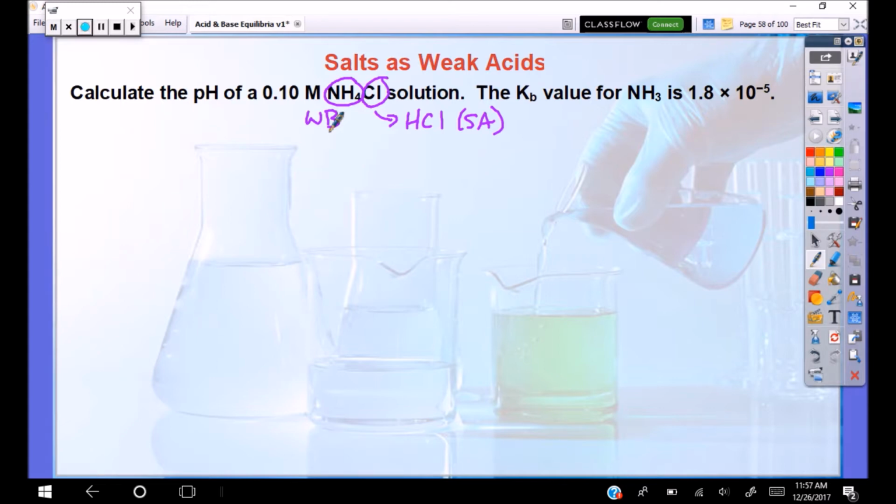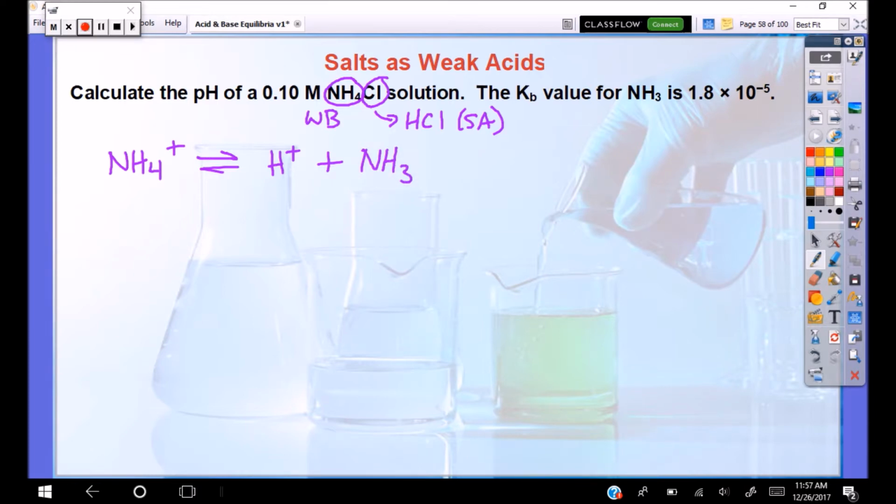All right, so let's figure that out. I'm looking at the Kb. They give me a Kb value for NH3. So first I need to look at my dissociation. I'm looking at NH4 plus, and NH4 plus is going to ionize and give me H plus and NH3, which is my base.